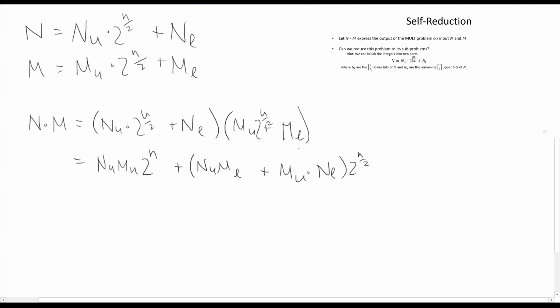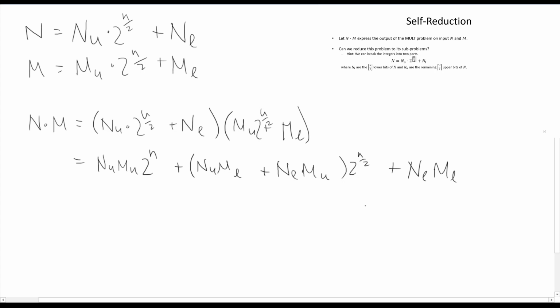Okay, maybe I should rewrite that, but let's keep the n's first. Times the n lower times the m upper. So that's the upper lower and the lower upper. Well, that leaves us just with the lowers then, the n lower times m lower, and that one has 0 copies of this 2 to the n over 2 term, so it's not shifted at all.